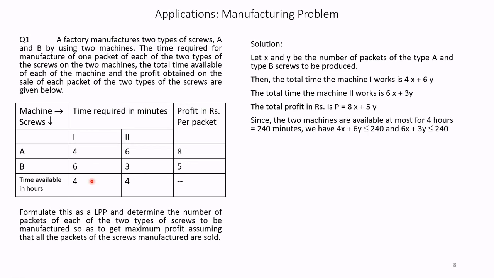Since each machine is available for 4 hours, that is 4 into 60 minutes, equal to 240 minutes. We have 4x plus 6y less than or equal to 240 and 6x plus 3y less than or equal to 240.